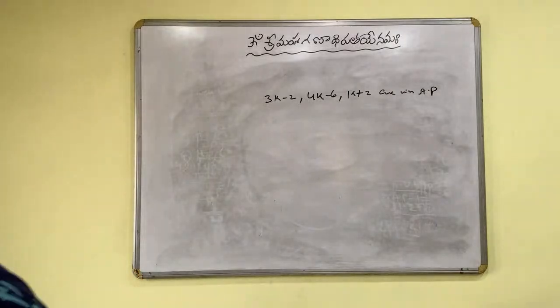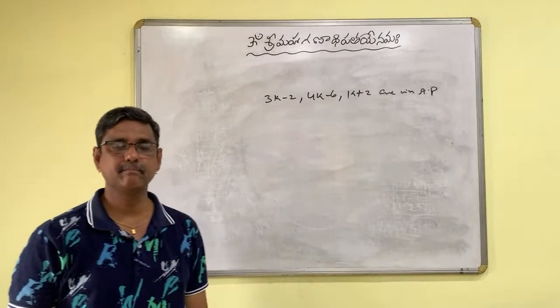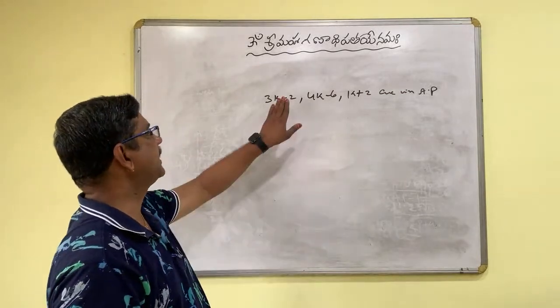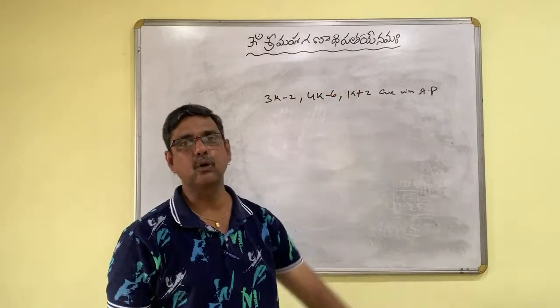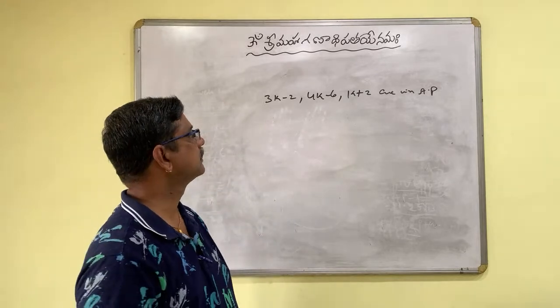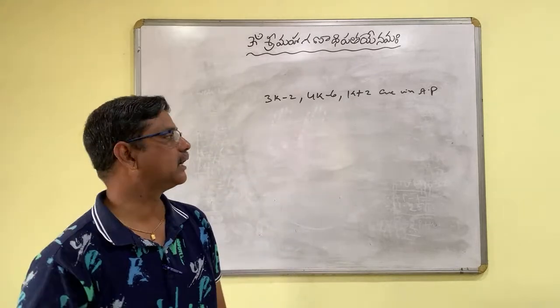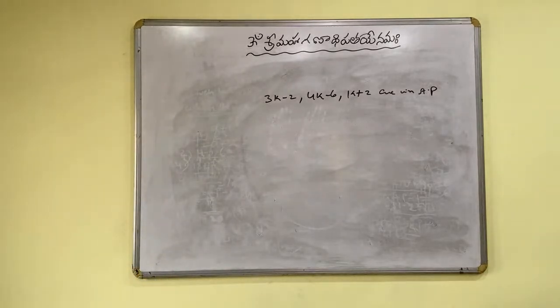Find the value of K if 3K minus 2, 4K minus 6, K plus 2 are in AP. If this is the problem, children, how to find out K? Is the board clear, children? I need answers if the board is clear.